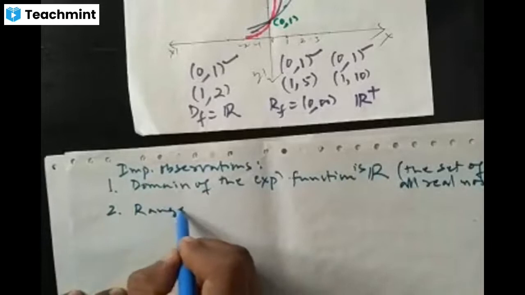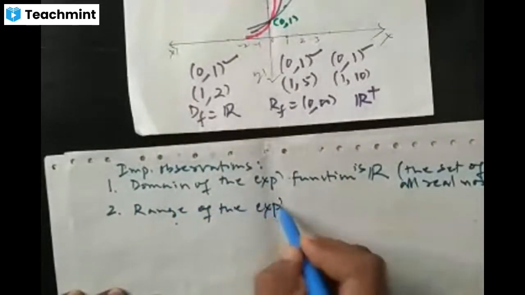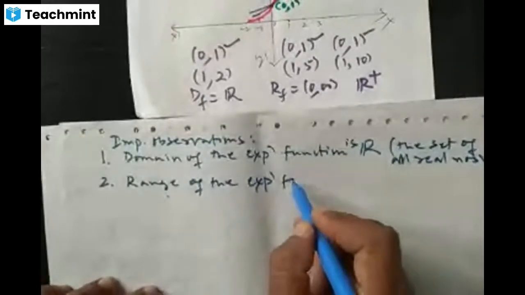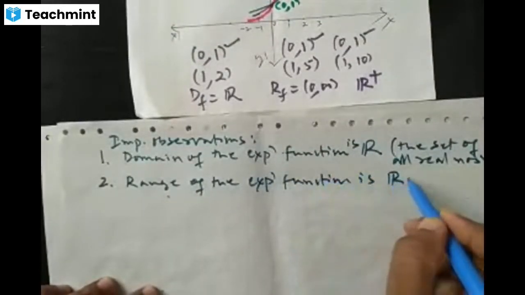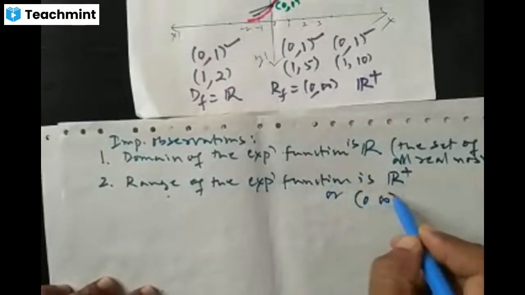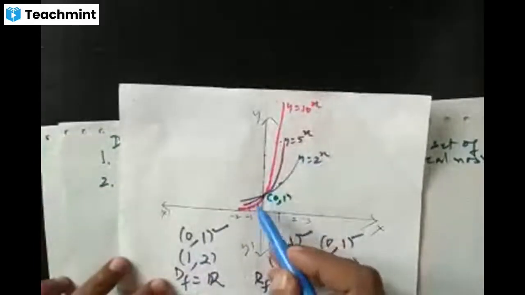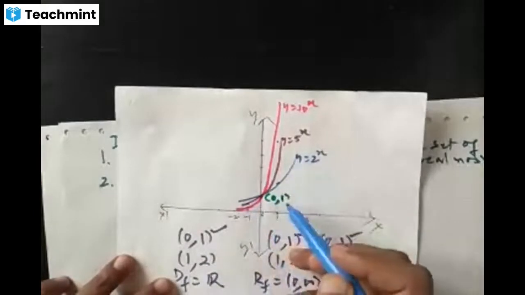Next, second one, the range of the exponential function is the set of all positive real numbers, or you can also write it as the open interval 0, infinity. It's very clear from the graph. See the graphs of these three exponential functions.